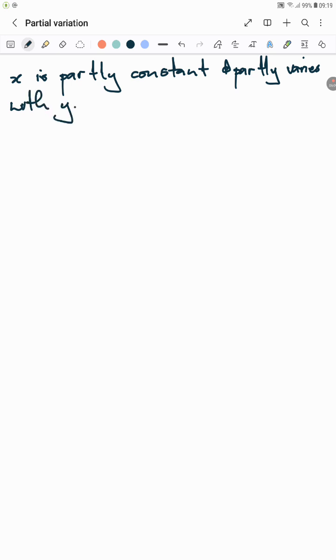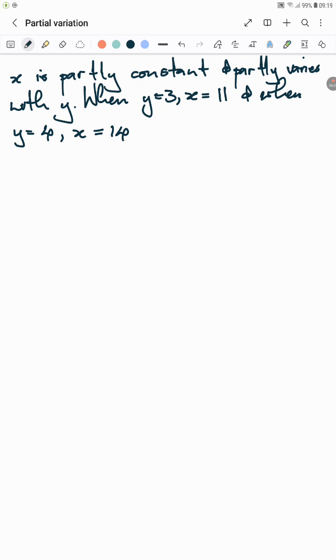When y is equal to 3, x is equal to 11, and when y is equal to 4, x is equal to 14.